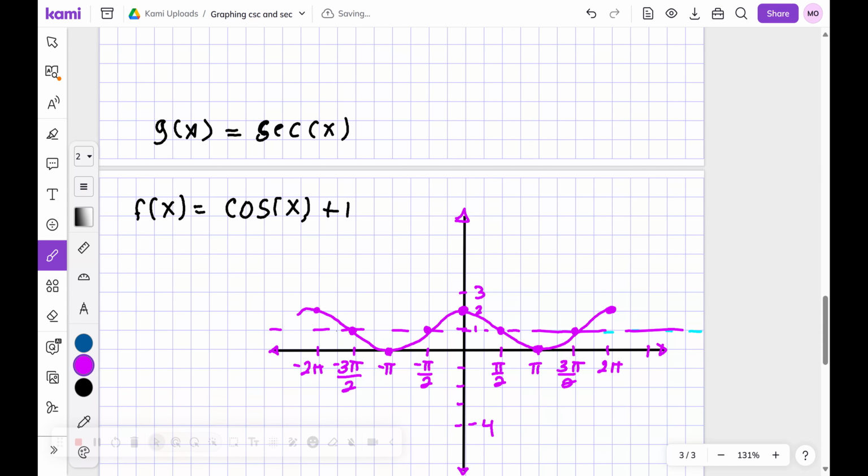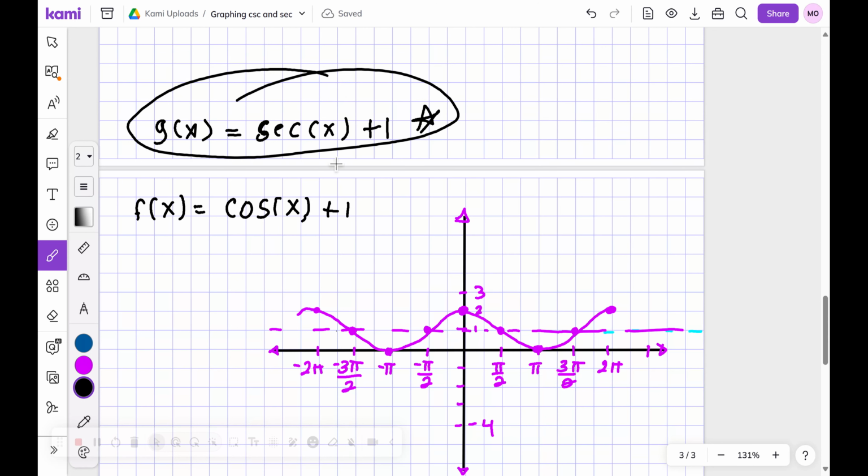Okay? So they gave me this, but I don't want to graph this one. I already know how to graph cosine and it's easier. So if this is given, this is the trick, a shortcut trick, call it whatever you want. I grab my cosine, and every single time that the graph of cosine intersects the midline, you have an undefined.